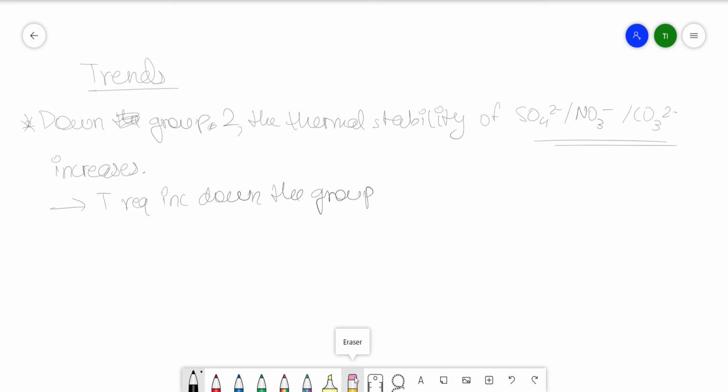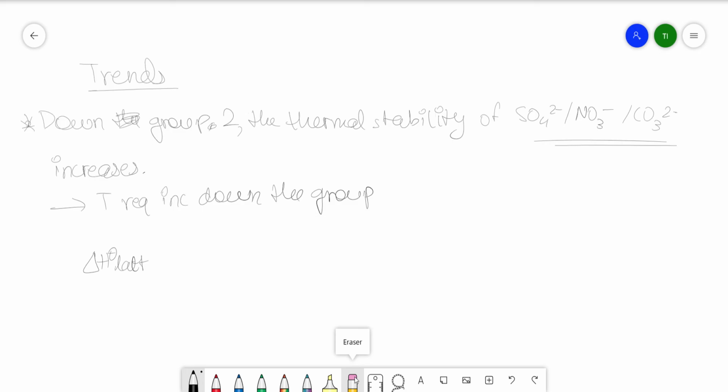And the reason isn't important right now, but it's something that you get into in the A2 part of the syllabus. And it has something to do with something called the lattice energy, which I won't get into now, but if you haven't checked out my previous videos, I do suggest you check it out. When we talked about bonding, we mentioned that almost every bond is neither purely covalent nor purely ionic.